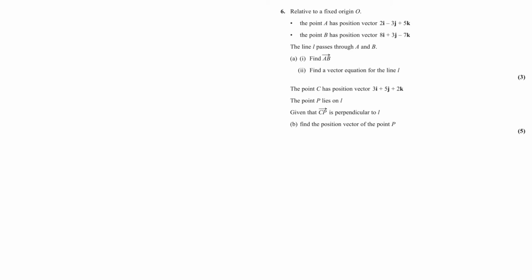Okay, we've got a vector question here, and it's all relative to the origin. So if you think, right, here's my origin, I've got point A here, and then I've got point B there, and I want to find the line L which passes through A and B, and I want to find that vector AB.